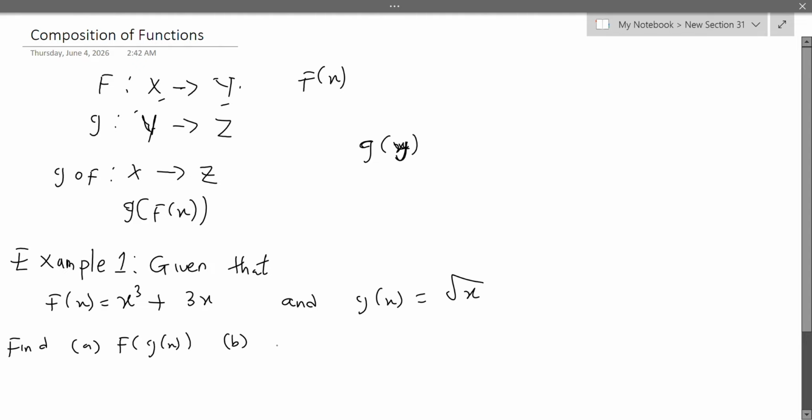B, find f of g of x at 1. C, find g of f of x. And D, find g of f of 2.